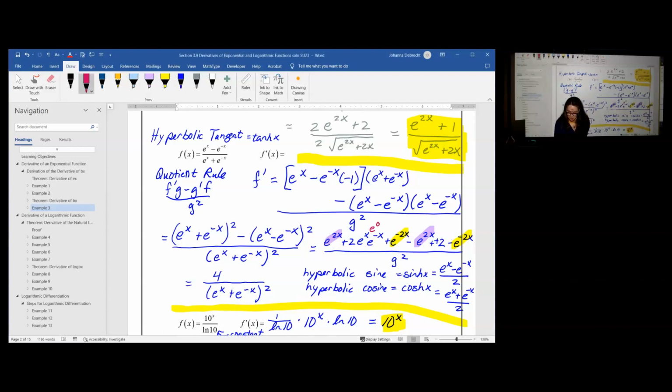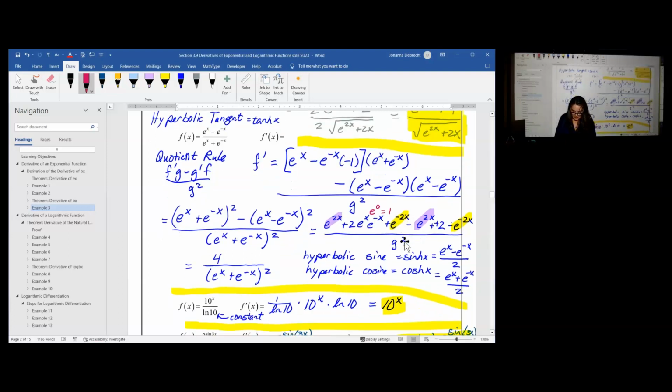But e to the 0 equals 1, which means that those terms simplify to 2 and minus a -2 because of the subtraction between them. Minus a -2 makes it plus 2. And then I have cancellation of terms. Everything but the 2 constant terms cancels. And I end up with 4 divided by the denominator squared.